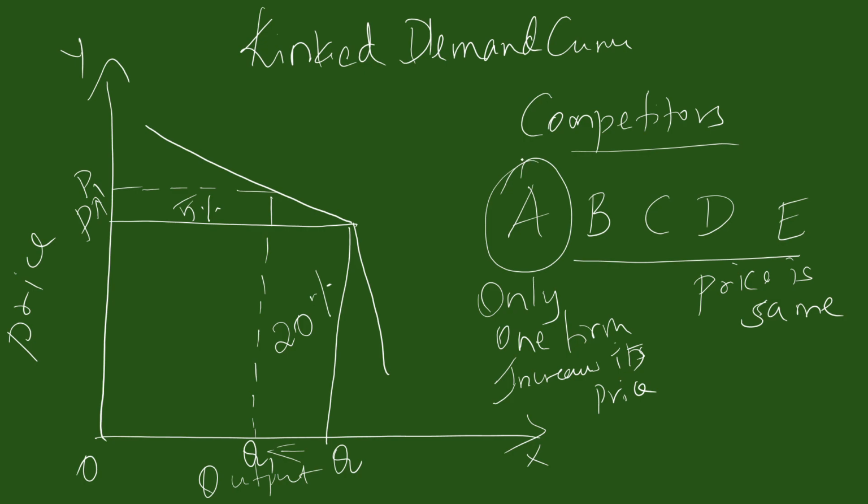So the consumers of A will shift over to B, C, D, and E. Even if the price is increased slightly by one firm, the demand reduces by a large percentage. This is one condition.